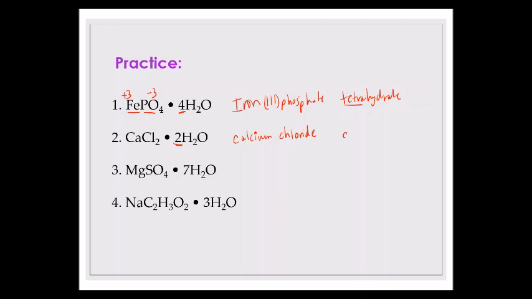This would be dihydrate, like so. See, it's not that much different than what you've already done. This one would be heptahydrate. This would be trihydrate. Anybody remember what C2H3O2 is? It's one of those bigger polyatomic ions.